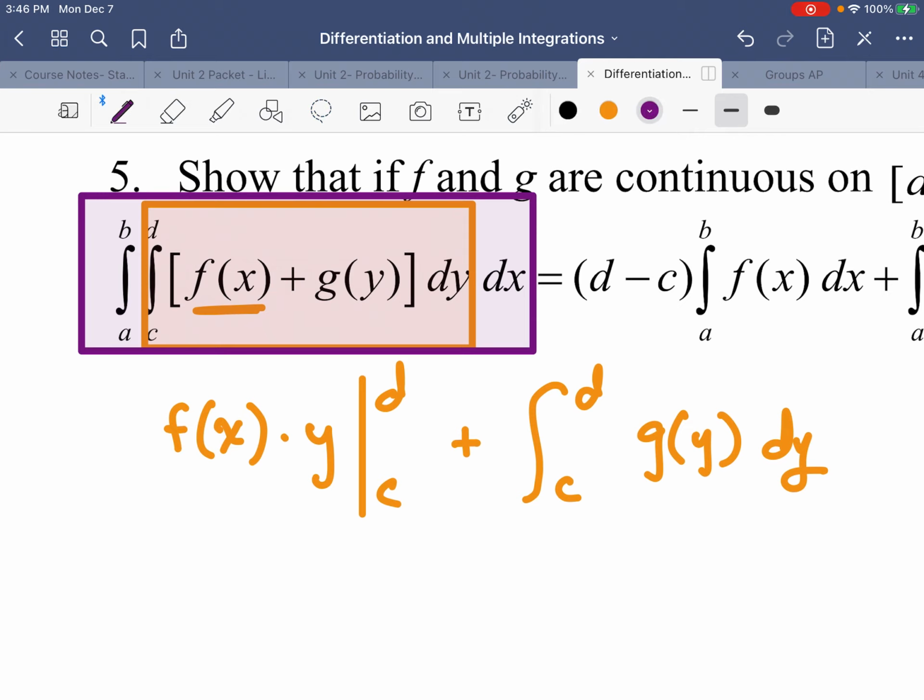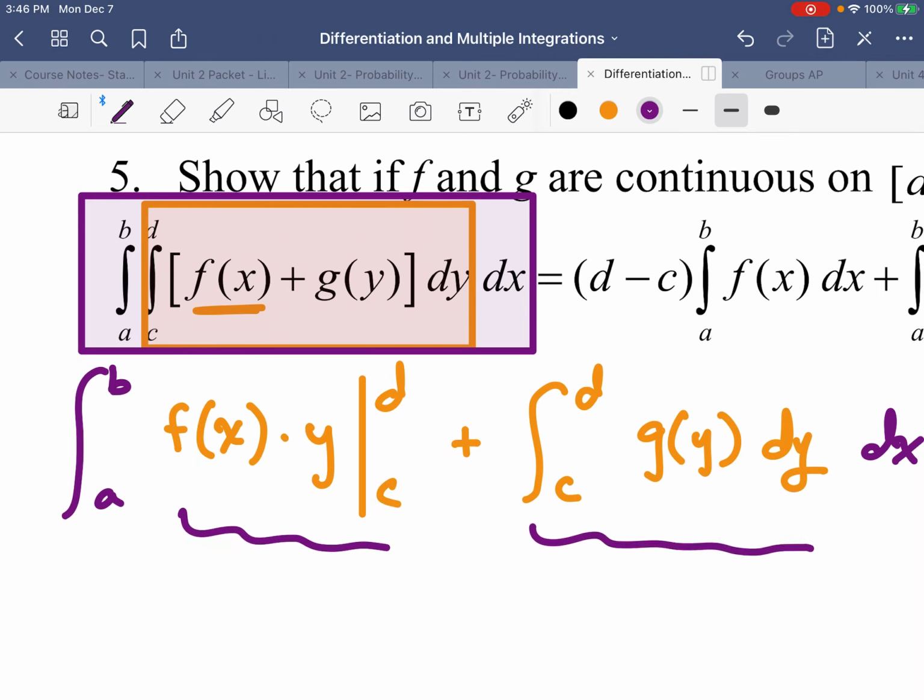I can just tack on a to b, dx at the end, and carry it through. So you'd be focusing on these two things separately from one another. One of them, just like before, I wouldn't be able to do anything with, but the other we can do a little something.